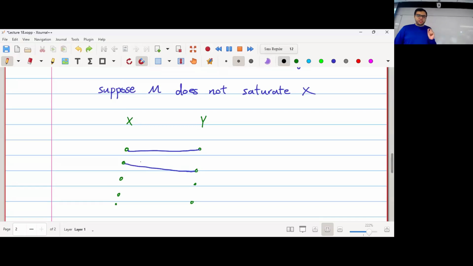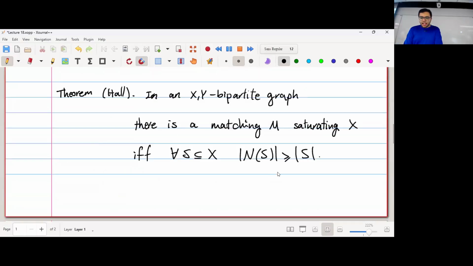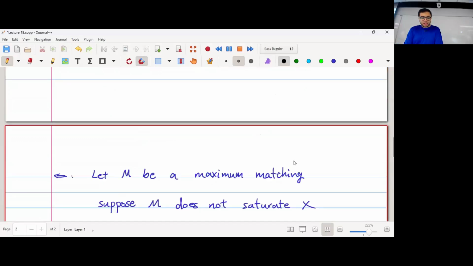So there should be a vertex somewhere here, let's call it small x, that is not matched. But if x is not matched, what can I say about it? Well, I know that if I take any subset of vertices of X, they have at least as many neighbors as the number of elements in the subset.